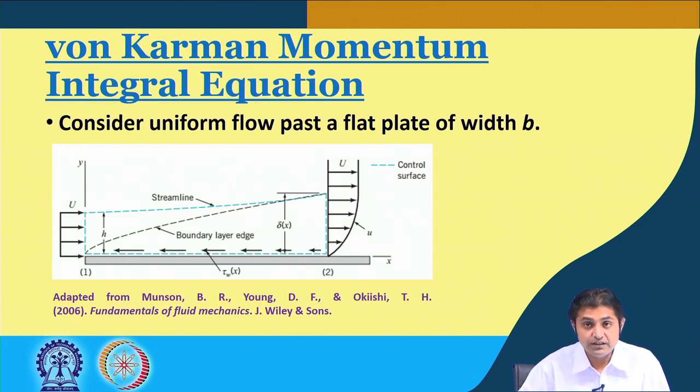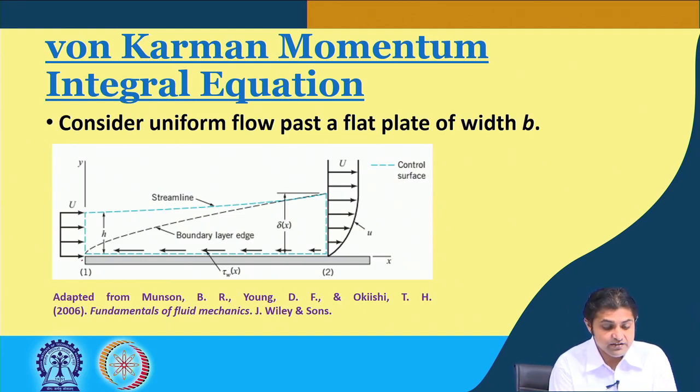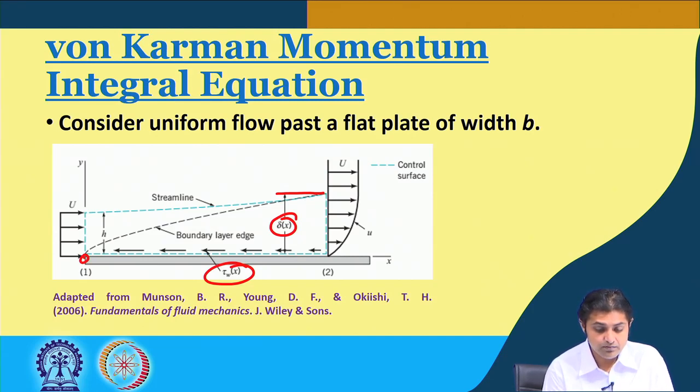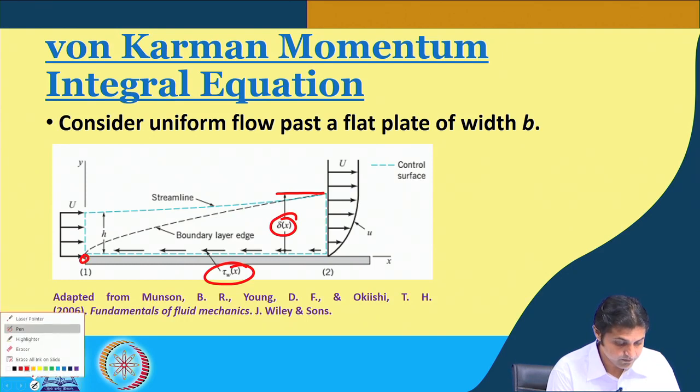The definitions are as usual, a uniform velocity u is coming and it strikes the leading edge here, and then the boundary layer would start to develop, and at the end of the boundary layer, where the boundary layer thickness is delta x, there will be a shear stress developing tau w as a function of x.